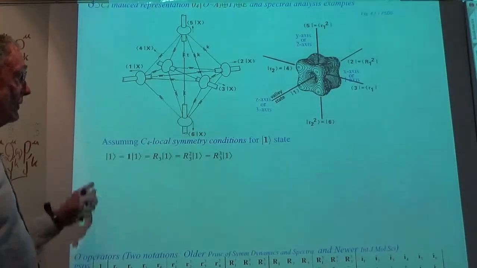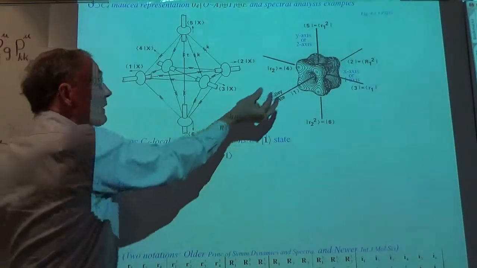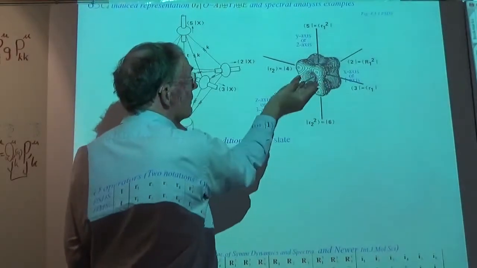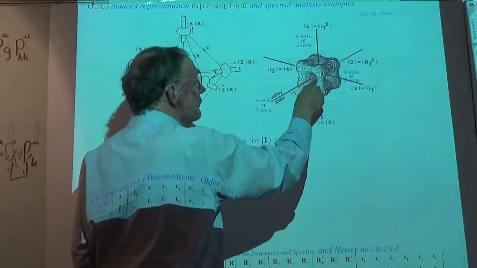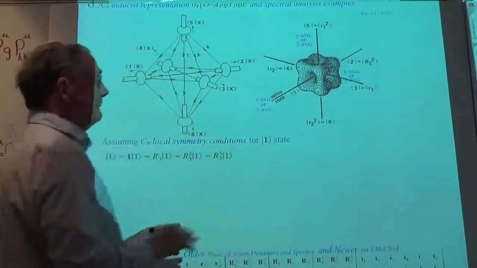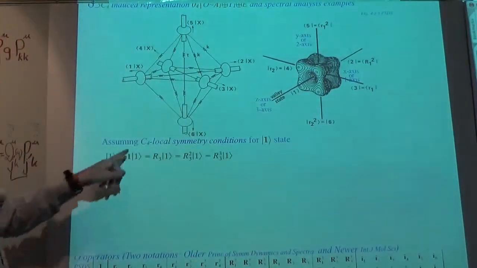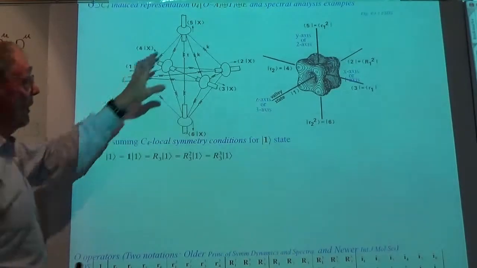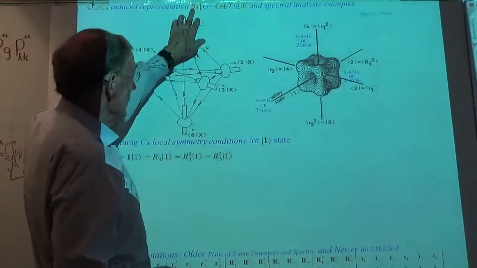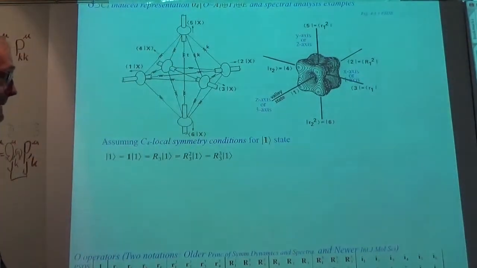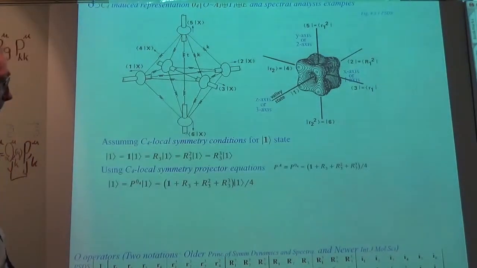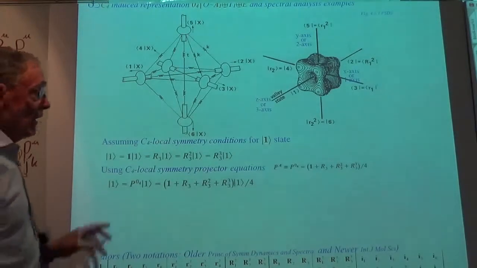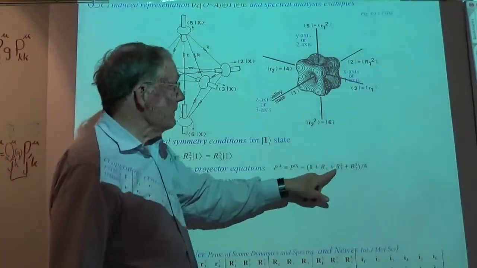So this is a local symmetry condition. No matter what I do, this is kind of square here, but it doesn't matter because I'm going to do 90-degree rotations of whatever's in there, and it's going to look the same. That's what we mean by C4, 0, 4, 0, 4 local symmetry. It's the easiest one. Now, the projection operator is a sum of those things.